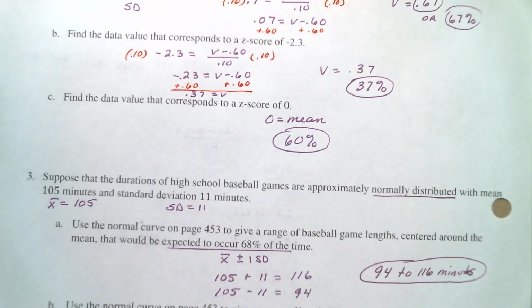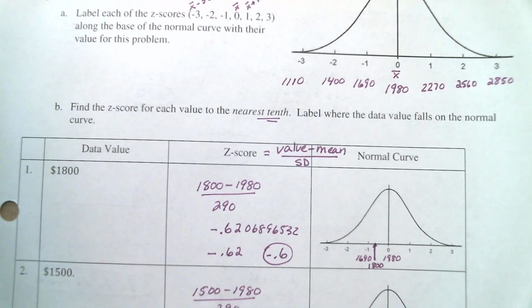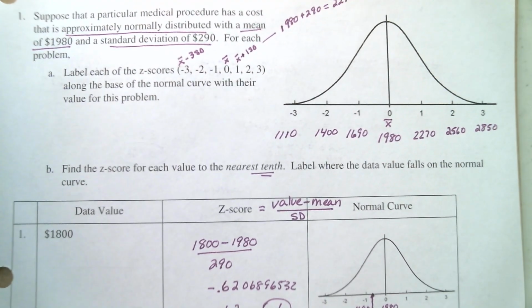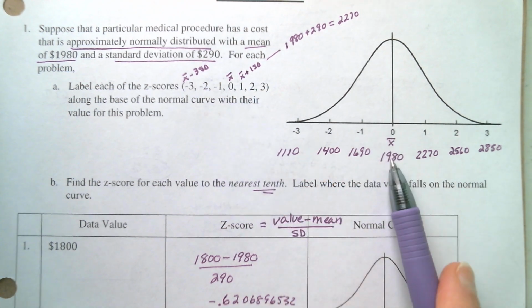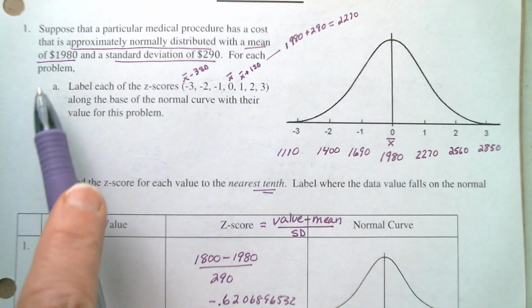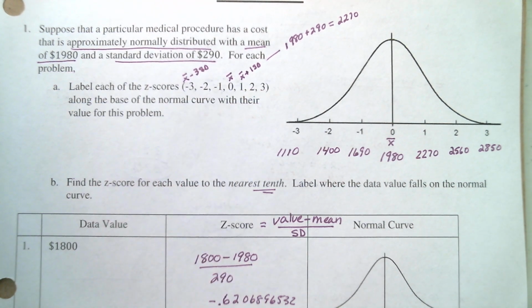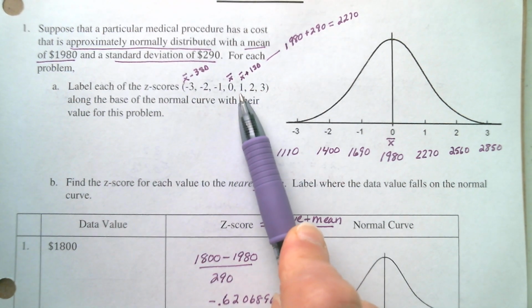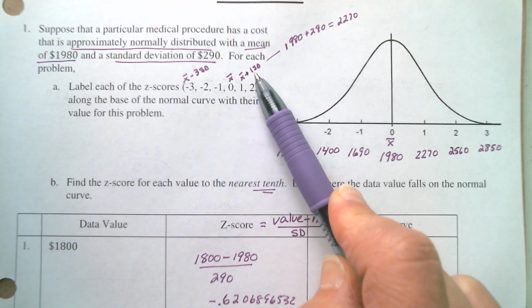Now for explanations in Week B. For A, a z-score of 0, you would place the mean, which was the 1,980. And if their standard deviation is 290, then a z-score of 1 would be the mean plus 1 standard deviation.